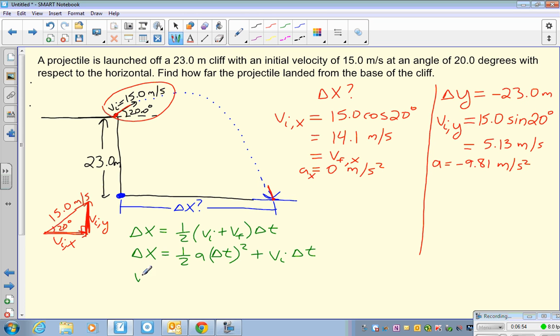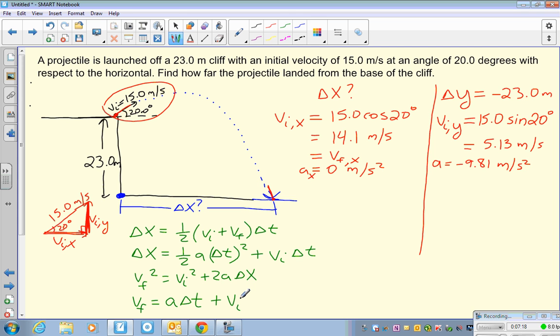And then we also know vf squared is vi squared plus 2 acceleration displacement. And then v final is acceleration times time plus initial velocity. So we have 4 equations, and we need to solve for delta x.